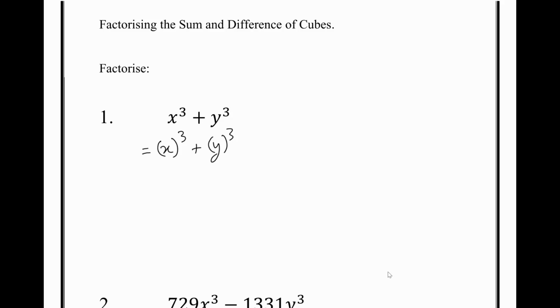Next, we put it into the formula for a sum of cubes, which is x plus y, the two bases added to each other, and then bracket again, the first part squared, minus the first and second part multiplied together, which is just minus xy, and then plus the square of the second part, which is just y squared.